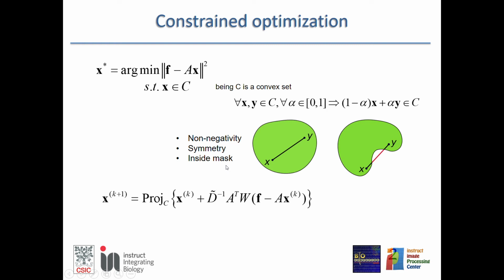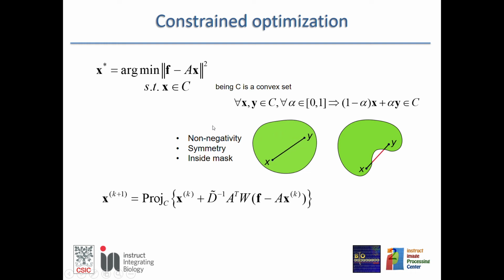Here you have a representation of what is a convex set and what is not. The definition of a convex set is that if you have two volumes that belong to that set, the linear combination of those two volumes with alpha between 0 and 1, so the segment that goes from volume 1 to volume 2, is fully contained within the same set.